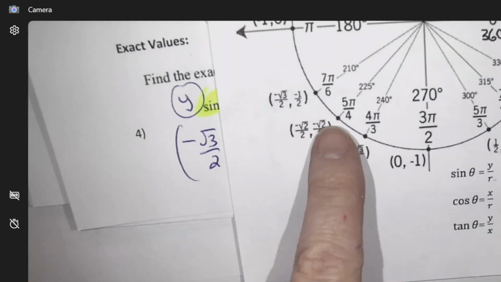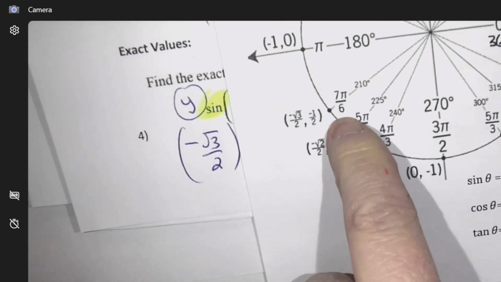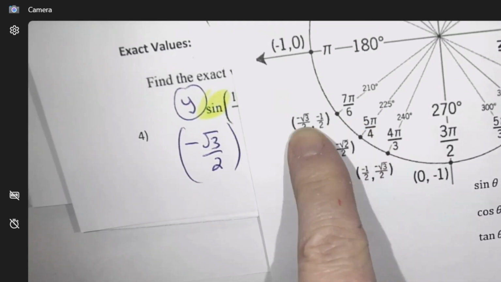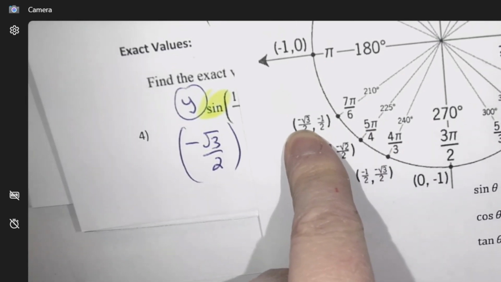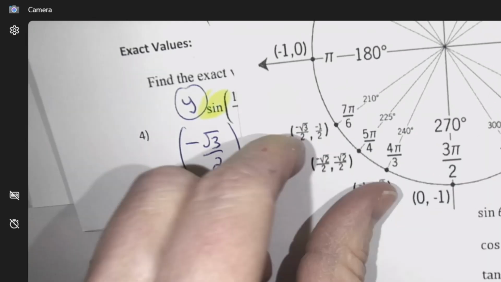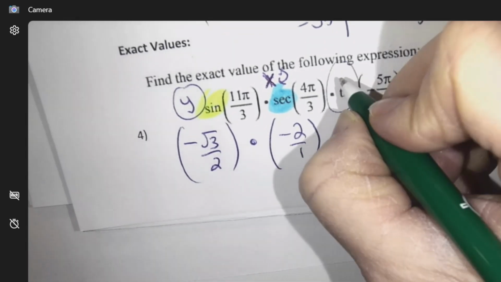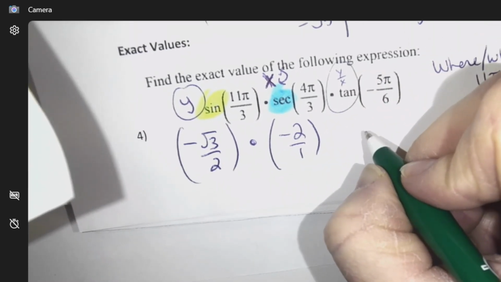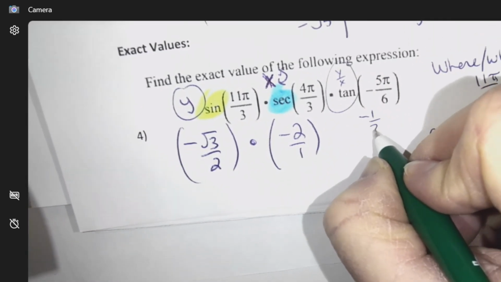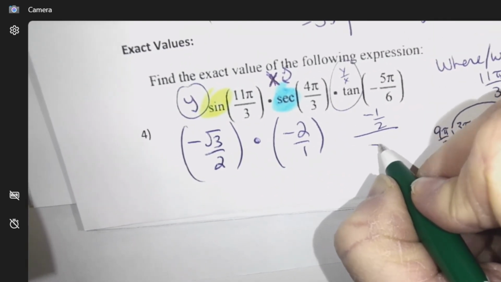So where do I land at the 7 pi over 6? And I'm going to tan it. So what does tan tell me to do with numbers? Y over x. So y over x.